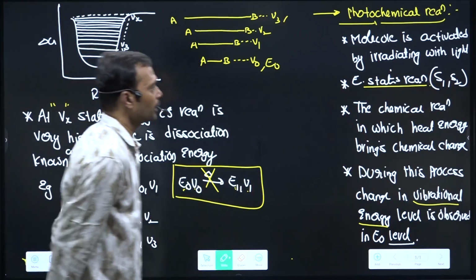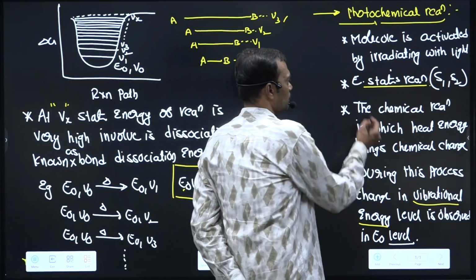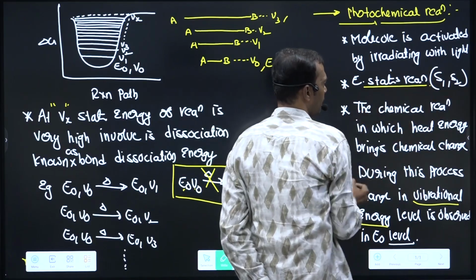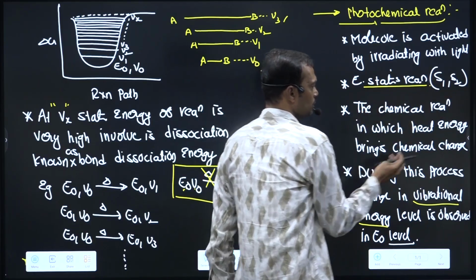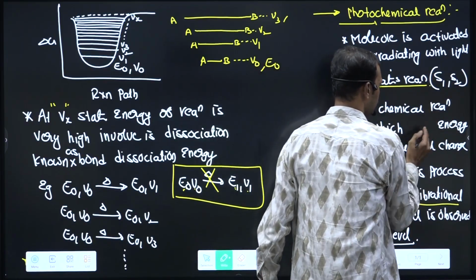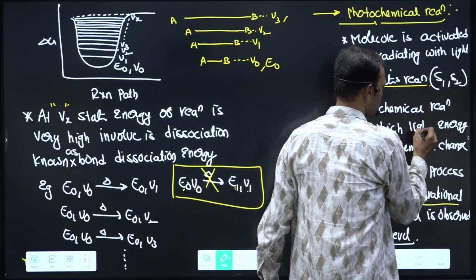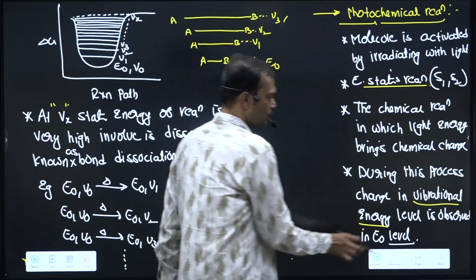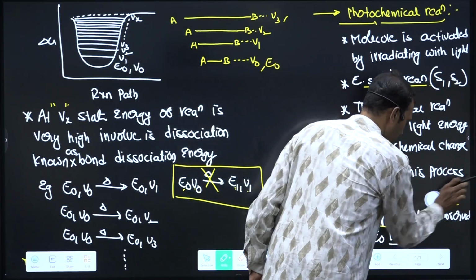The molecule is activated by irradiating with light. Photochemical reactions are excited state reactions, S1, S2, etc. These are chemical reactions in which light energy, or photons, brings chemical change. During this process, a change in electronic energy level is observed.